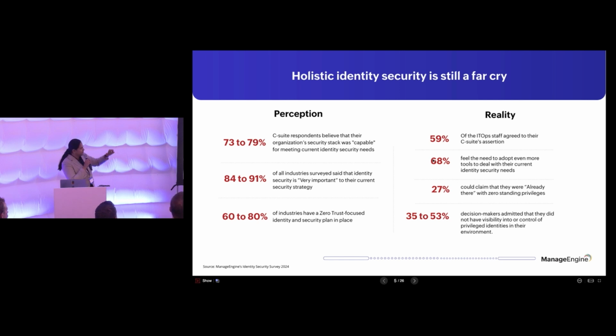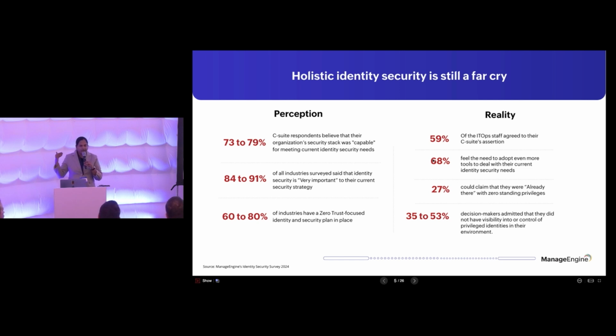So 73 to 79% of cybersecurity decision makers believe that their current identity security stack was very capable of handling all types of identity-related attacks, whereas only 59% of the actual security practitioners believe that their C-suite was right.